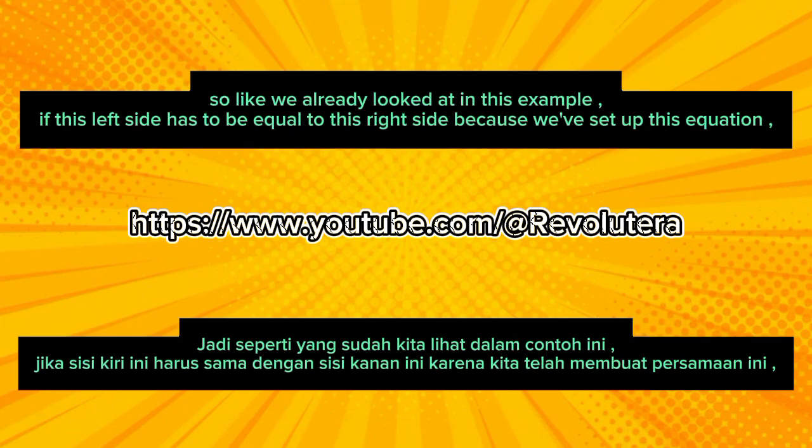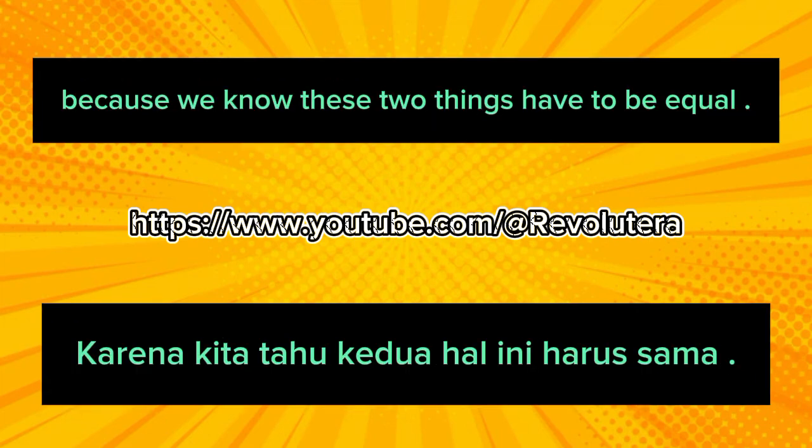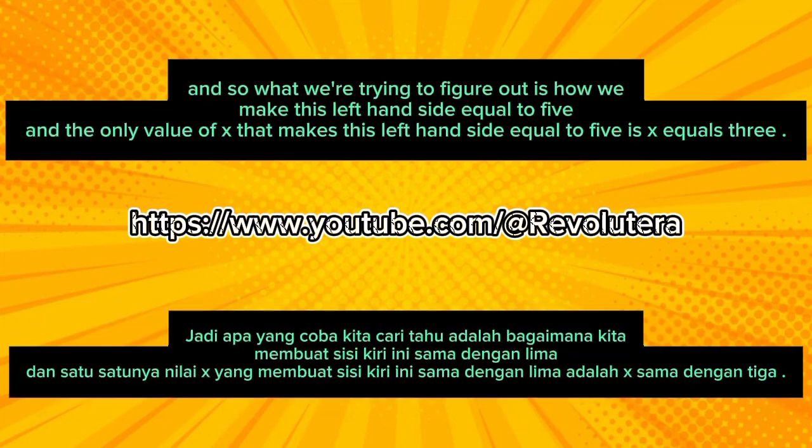So like we already looked at in this example, this left side has to be equal to this right side because we've set up this equation, because we know these two things have to be equal. And so what we're trying to figure out is how we make this left-hand side equal to 5.